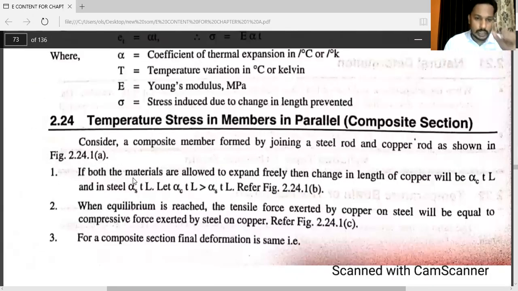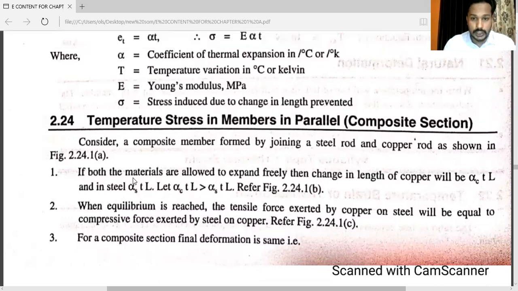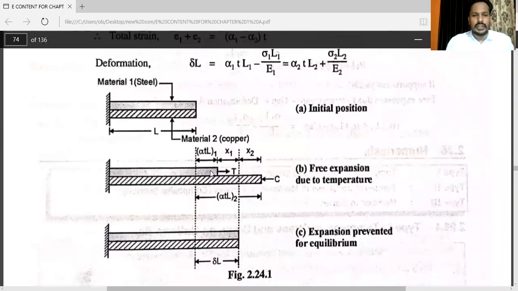If both the materials are allowed to expand freely, then the change in length of copper will be alpha copper into T into L, and for steel, alpha steel into T into L. See here, alpha copper into T into L is greater than alpha steel into T into L. You can refer to this diagram for that.